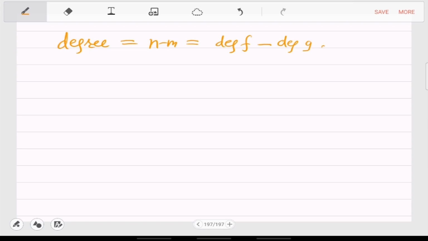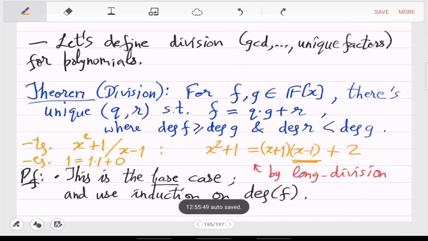Okay, so that's the whole algorithm, and it's a constructive proof, it gives you an algorithm. So you get q and r. So we can add that here.